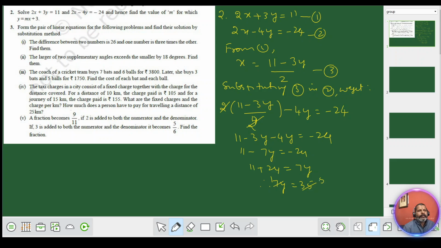7 1s are 7, 7 5s are 35, y equal to 5. Now put y value in equation 3, you get x.